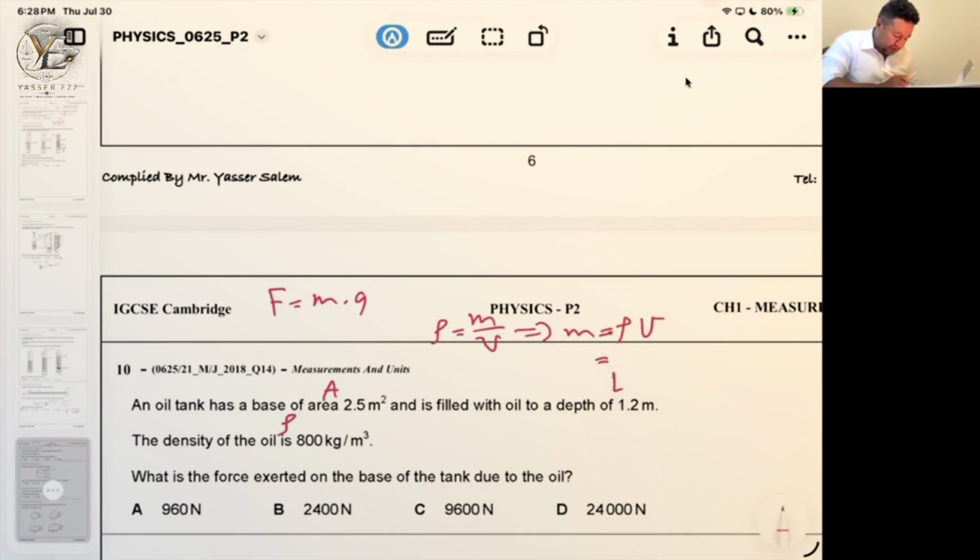Do we have the density? Yes, the density is 800. What is the volume? Area times height. So 2.5 times 1.2 will give us the volume, and then multiplying by the density gives the mass. And then we are going to multiply it by 10, which will give us the weight or the force exerted on the base of the tank due to the oil.